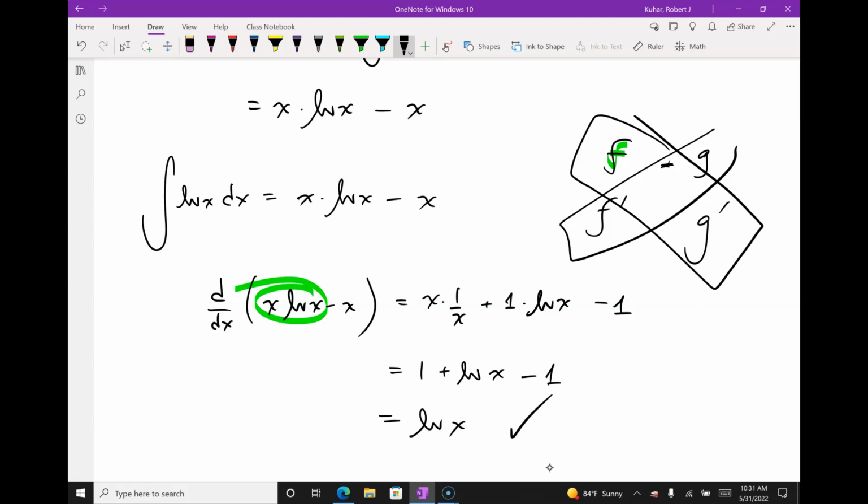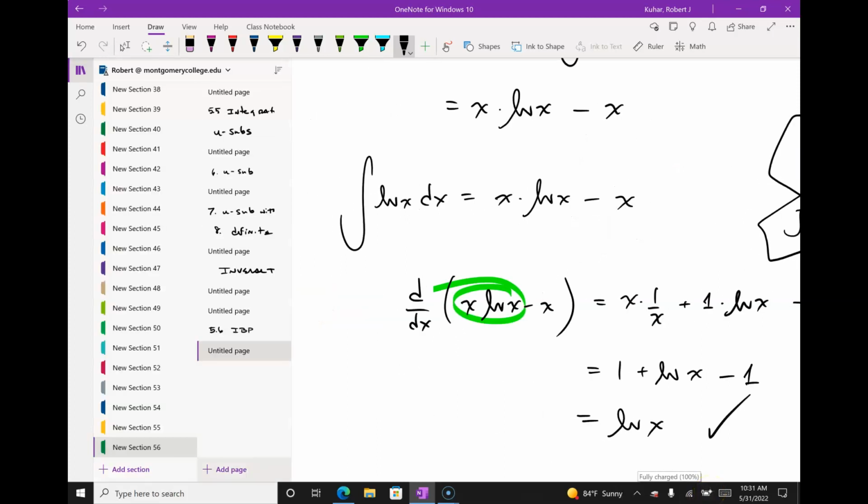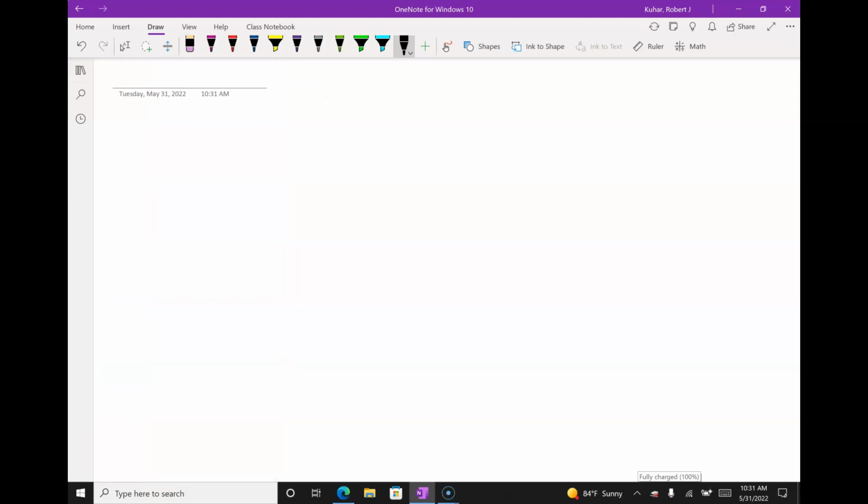All right, another? It's kind of interesting to try by parts even when an earlier process works.